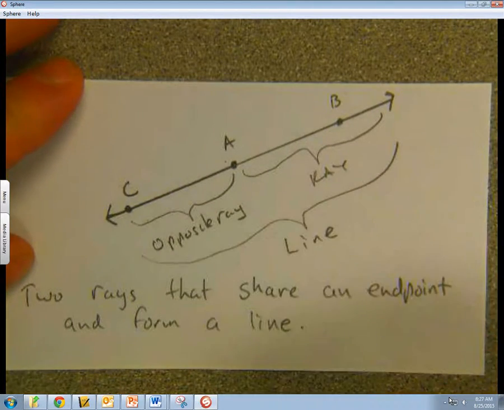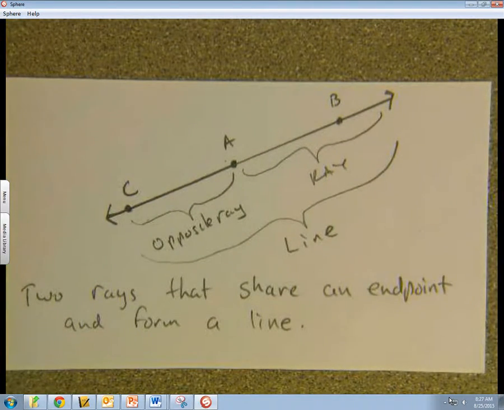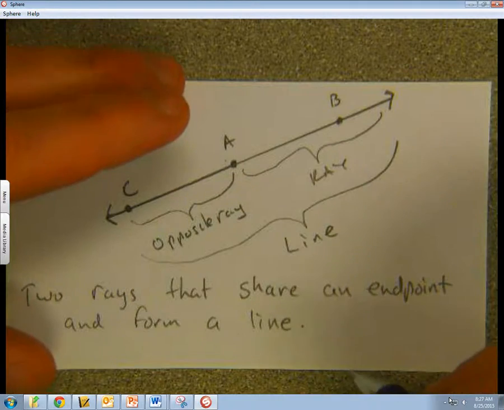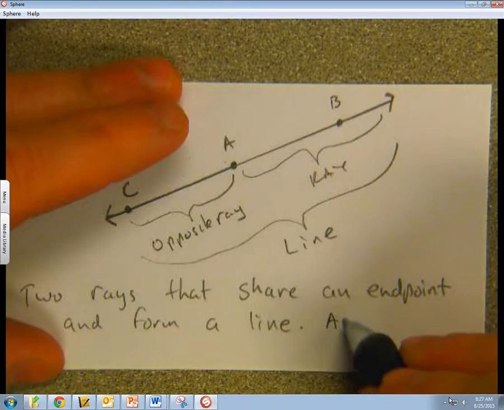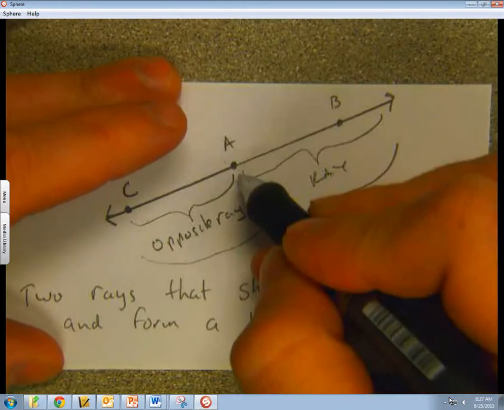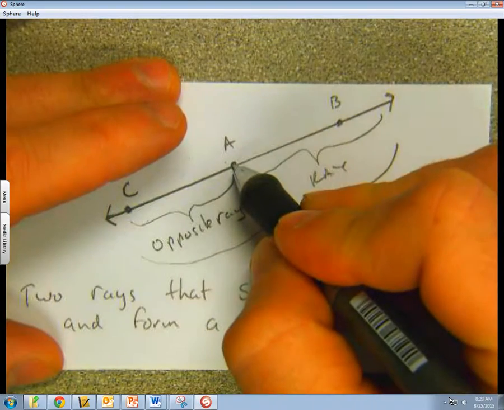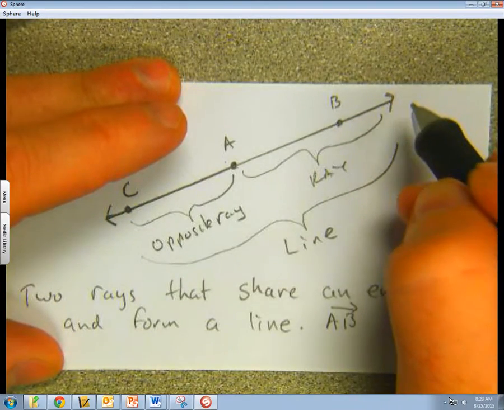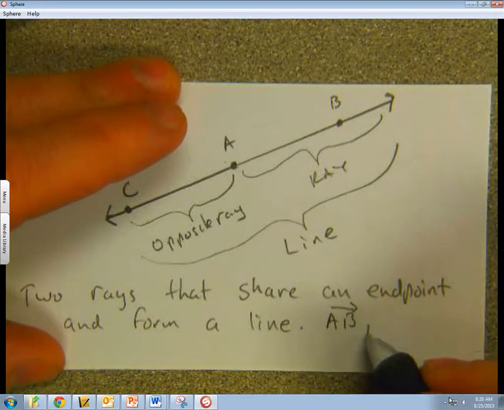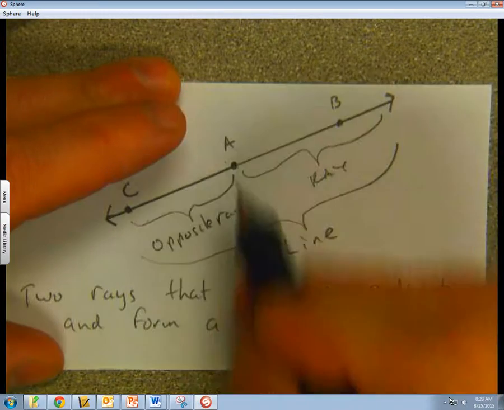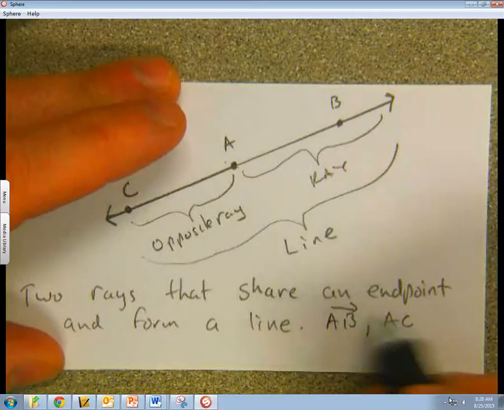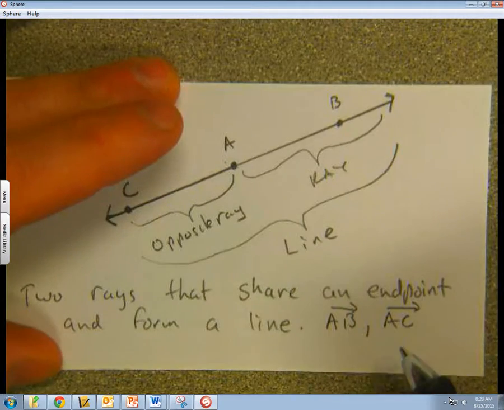Now, how do we write opposite rays. So our opposite rays would be ray AB. Remember to start at the end point and go to where it goes on forever. Rays AB and AC, if I'm going this way, goes on forever towards the C. Okay, so that's how I would write it.